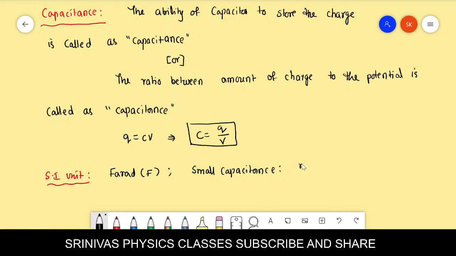Small capacitance we can write as millifarad, microfarad, nanofarad, picofarad, like this. 1 millifarad means 10 to the power of minus 3 farads. 1 microfarad means 10 to the power of minus 6 farads. 1 nanofarad means 10 to the power of minus 9 farads.